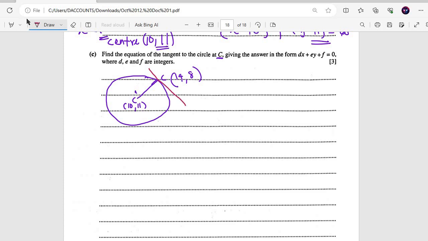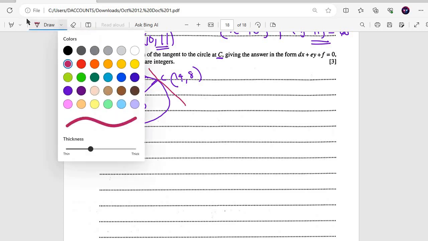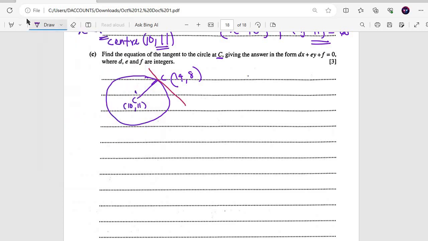Now from this question, let's find the slope between the center and C. To find the equation, let's find the gradient of the center to C, using the formula y2 minus y1 over x2 minus x1.